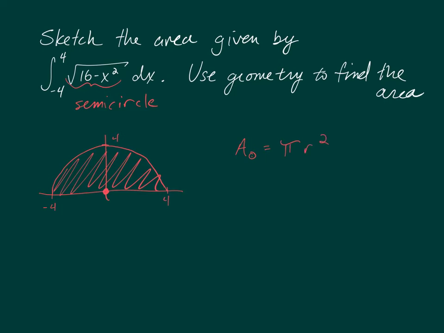Area of a circle is pi r squared. So the area of this circle is pi times 4 squared, which is really just 16 pi. But this is for the full circle. We need to take half of this because we're looking at a semicircle. So the area here is 8 pi.